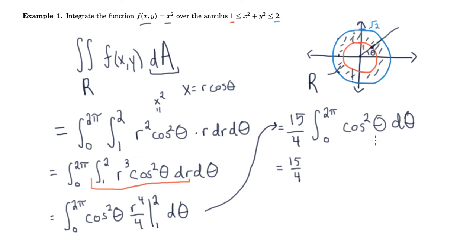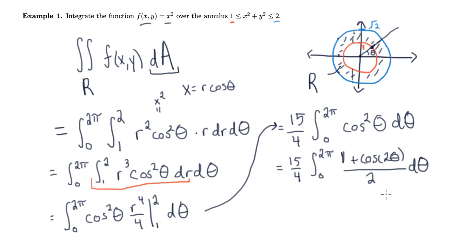So what we have is that cosine squared theta is the same thing as 1 plus cosine of 2 theta, all over 2.